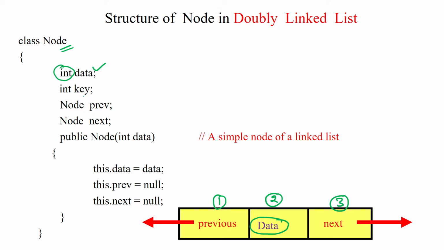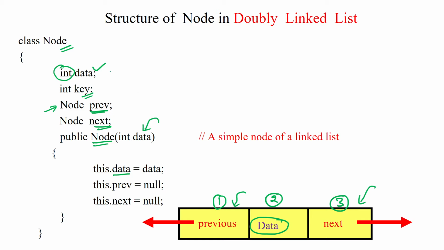If you want any key to represent the node number, we can use it, otherwise we can leave that. Then the previous pointer, which points to one of the nodes, that's why we are using a node object. Then we create one more object, next, to point to the node which is available next to this current node.